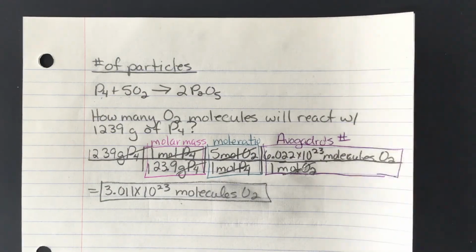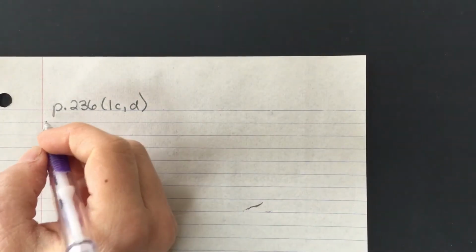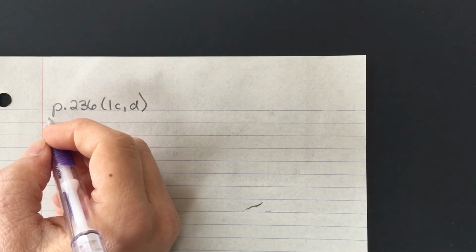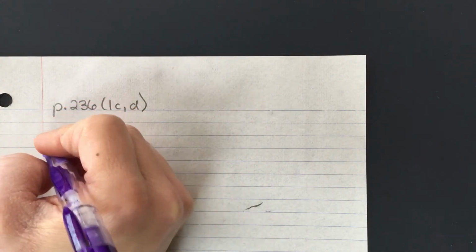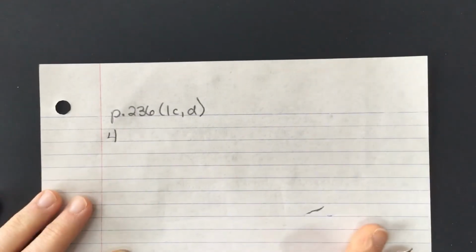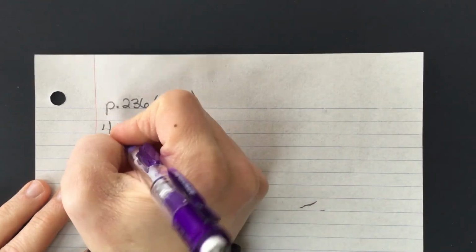So now I can go to showing you some problems. I'm going to show you page 236, questions C and D from number 1. And so I am given this reaction. I'm going to write down the formula so you can see it.